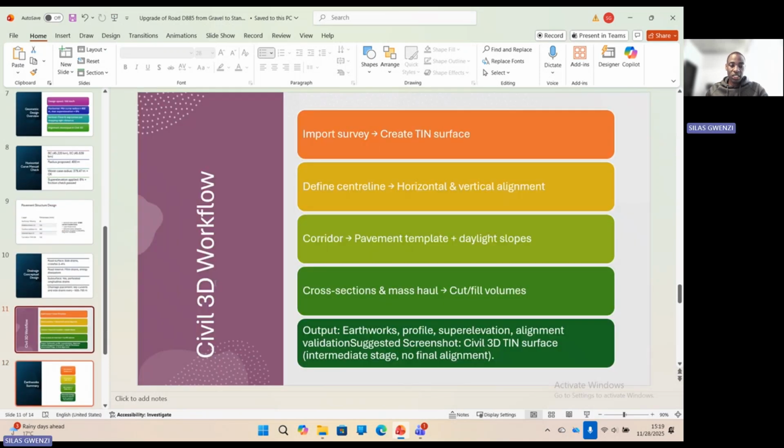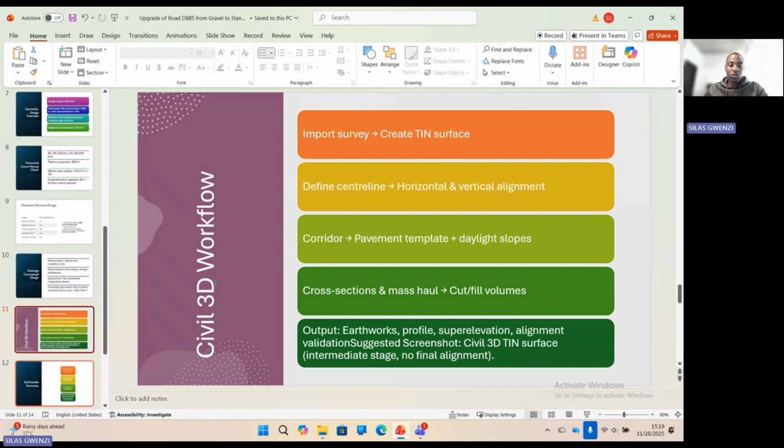Moving on to the Civil 3D workflow. Civil 3D was used to model the corridor, allowing us to integrate the survey data, horizontal and vertical alignment, pavement layers, and the drainage features.